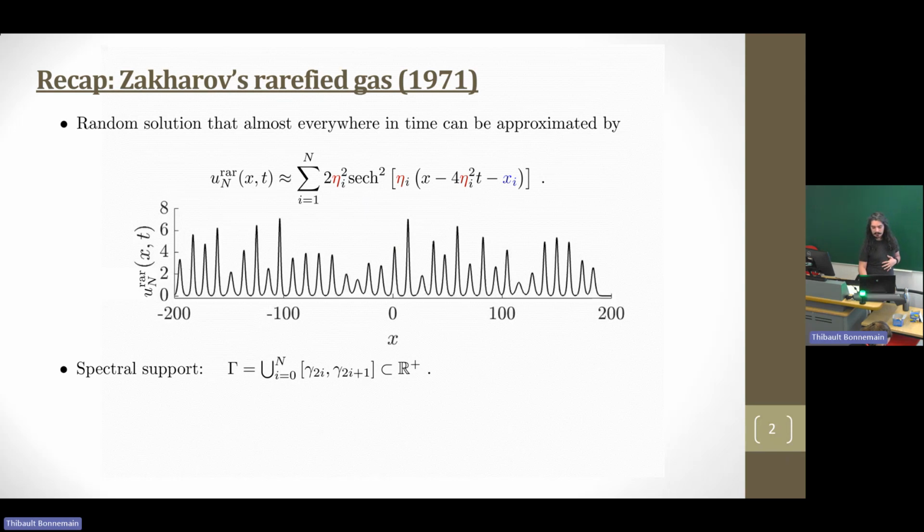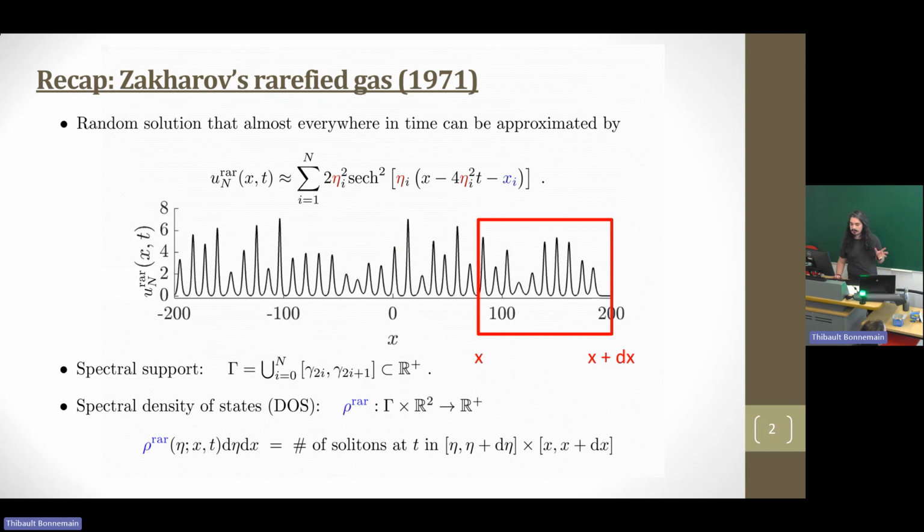All right. So the main object I will use to characterize my Soliton gas and its properties is what I call the spectral density of states, rho. Here I introduce it as a way to count the number of solitons in the vicinity of the space point X with spectral parameters in the vicinity of eta.